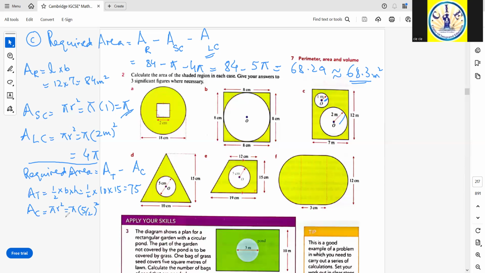So the required area can be calculated as 75 minus 2.5 squared pi, because when we divide 5 by 2, that will be 2.5 and then square of that times pi. Now let me use my calculator to solve it out. 75 minus 2.5 squared times pi.